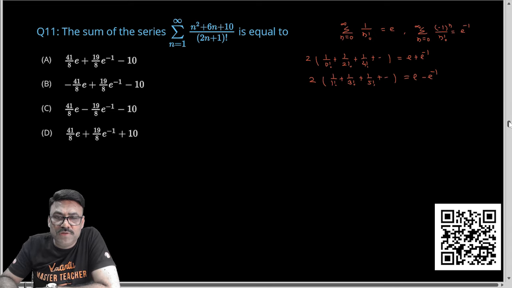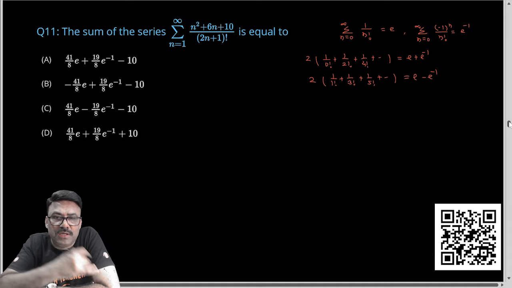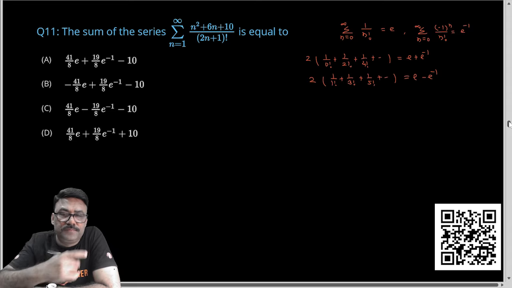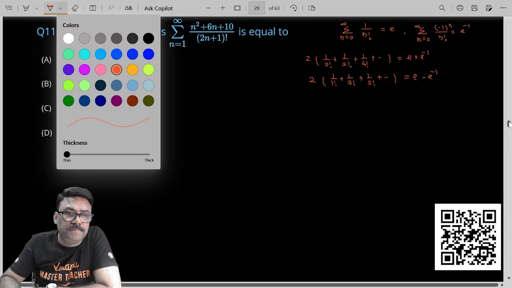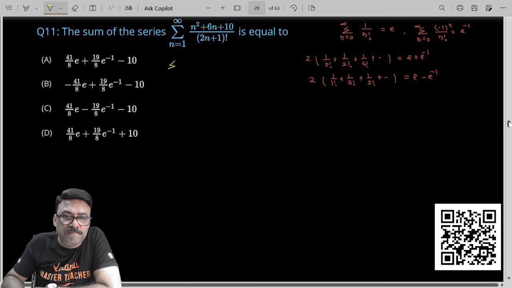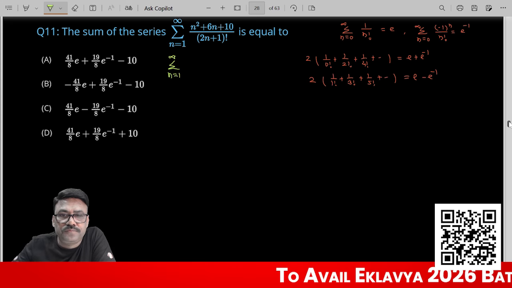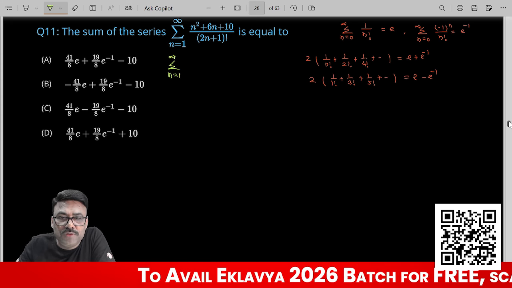Now in the denominator, you can see I have odd factorial, 2n plus 1 factorial. So I will try to write the numerator also in terms of 2n plus 1 only. So what I will do here, my expansion is sigma n varying from 1 to infinity, denominator is 2n plus 1 factorial.